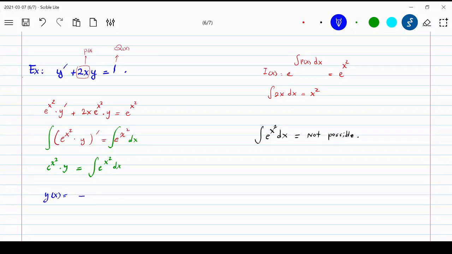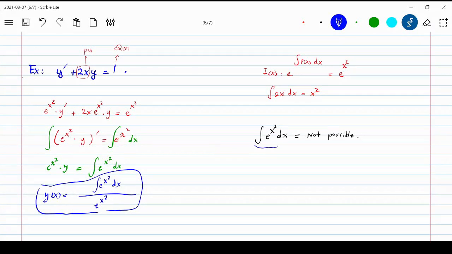y(x) would be the integral of e^(x²) dx divided by e^(x²). Again, you cannot cross these out because that's inside the integral. So we leave the solution in that format.